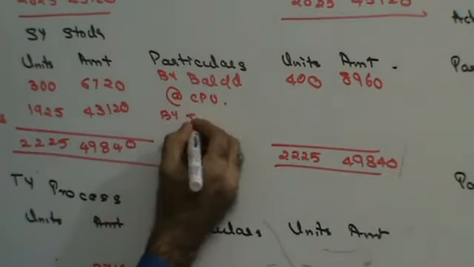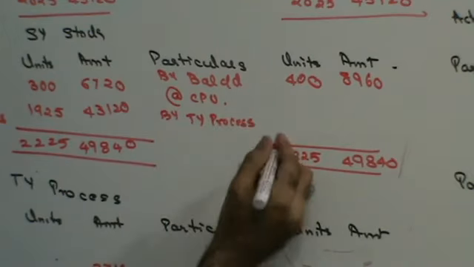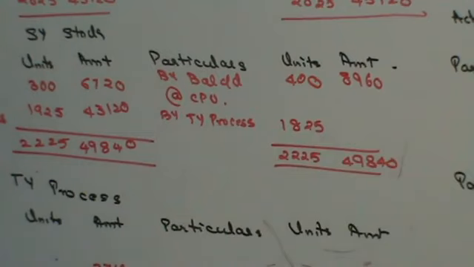This is going to be written as the difference will be by TY process. So this is going to be 1825 and 49,840 minus 8960 will give you 40,880.